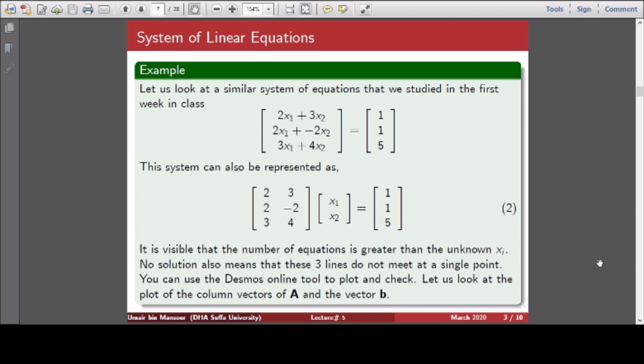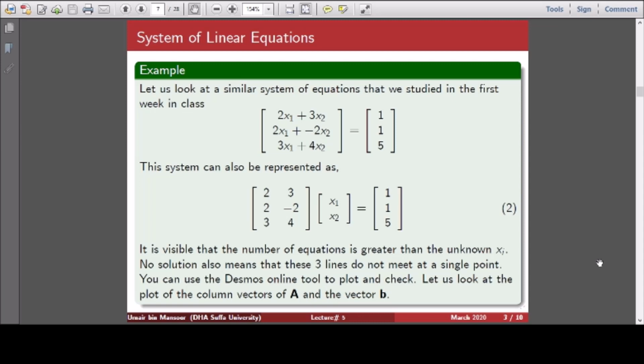This tells us that they don't have a common solution. The word solution refers to a common solution. By the way, you can use the Desmos online tool to plot all three equations and see for yourself that they don't intersect at a common point.